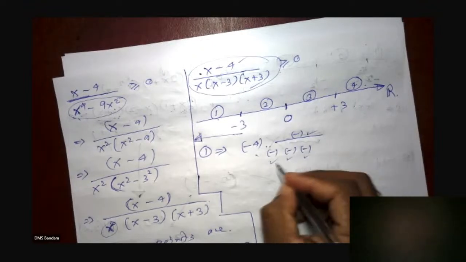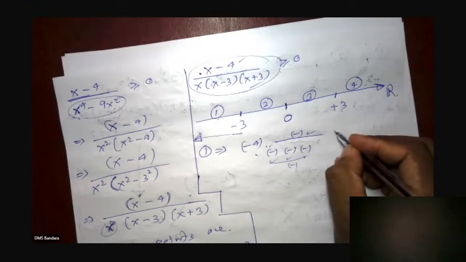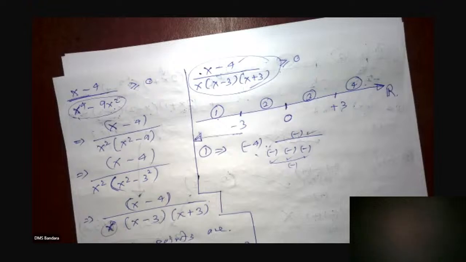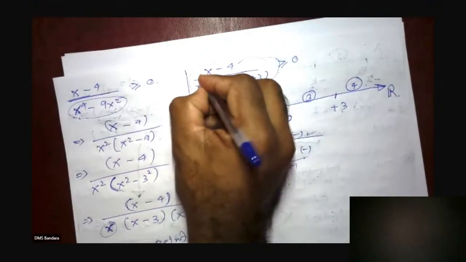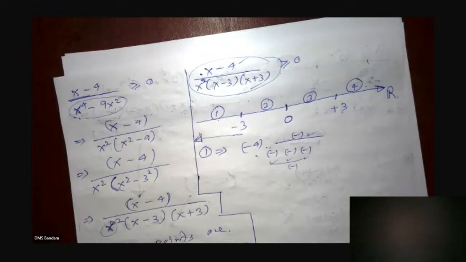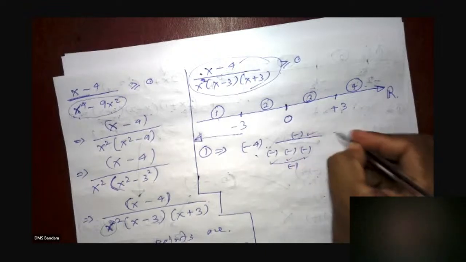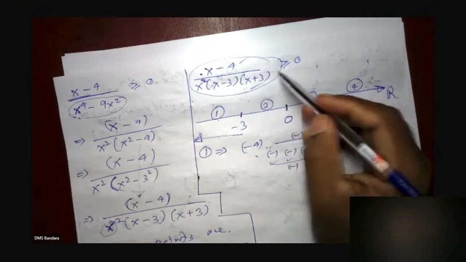Negative, negative. So negative divided by negative is positive. So region 1 is positive.